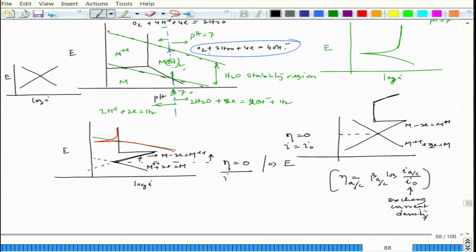This is O2 plus 2H2O plus 4e equal to 4OH minus, and this line would be the reverse line, 4OH minus equal to O2 plus 2H2O plus 4e.